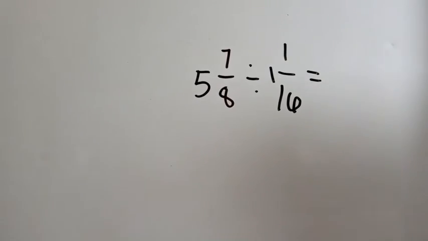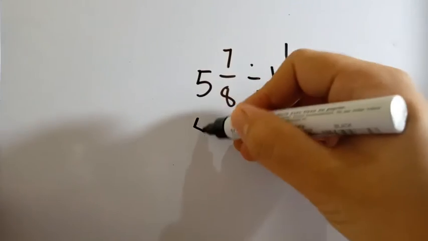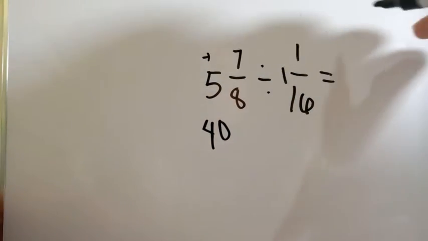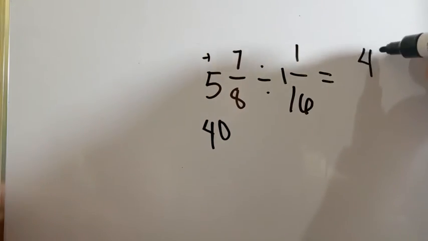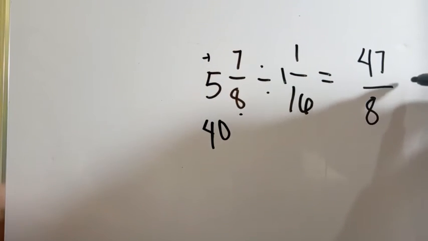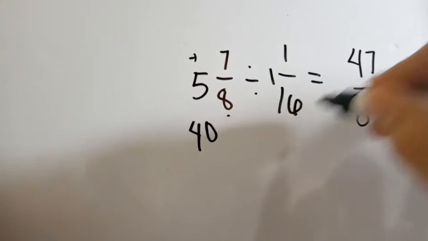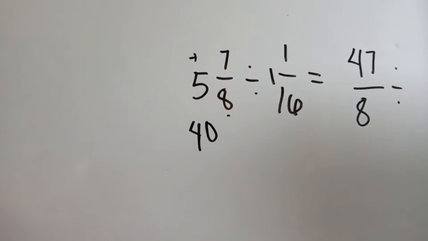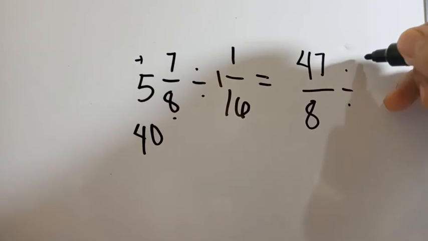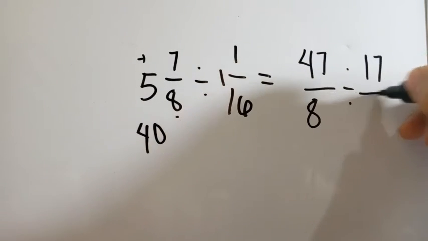So we have 5 times 8 is 40 plus 7. The answer is 47. And copy the denominator, we have 8. Divided by, so 16 times 1 is 16 plus 1, 17. So we have 17 and copy the denominator.